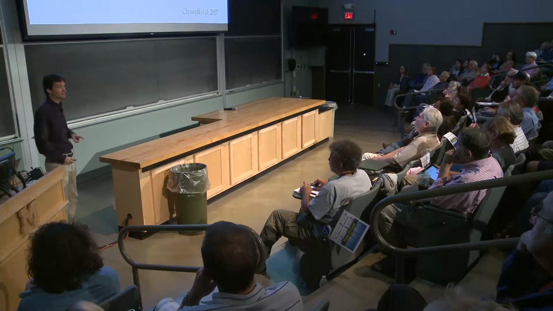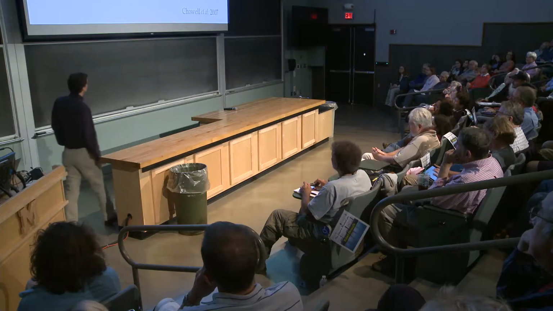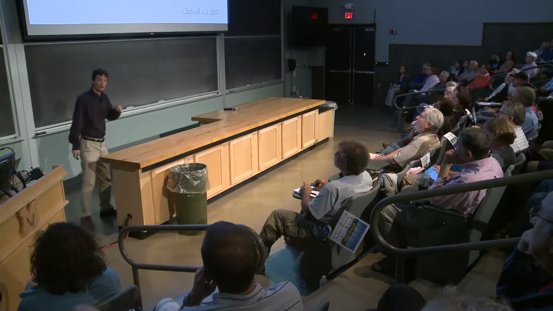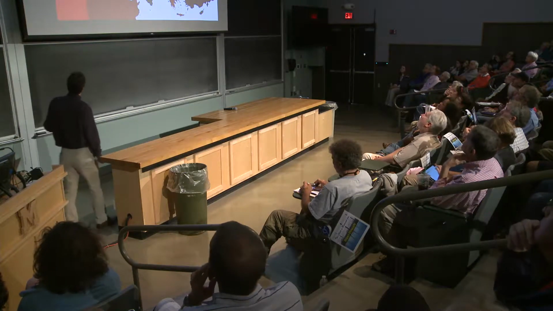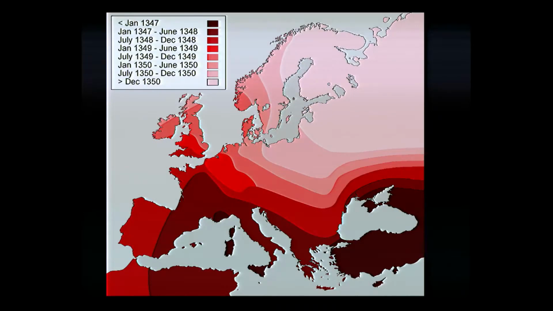Lest you should think, however, that this result is kind of obvious, let me also give you a counterexample to show you that it doesn't always work like that. This is a plot from one of my own papers that just came out recently. What it shows is the spread of the Black Death in 14th century Europe. The Black Death was an outbreak of plague that happened in Europe in the 1340s.